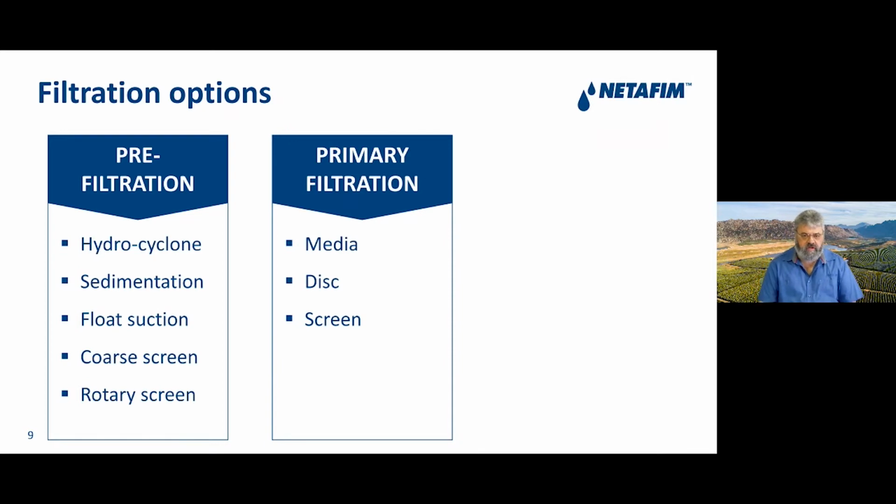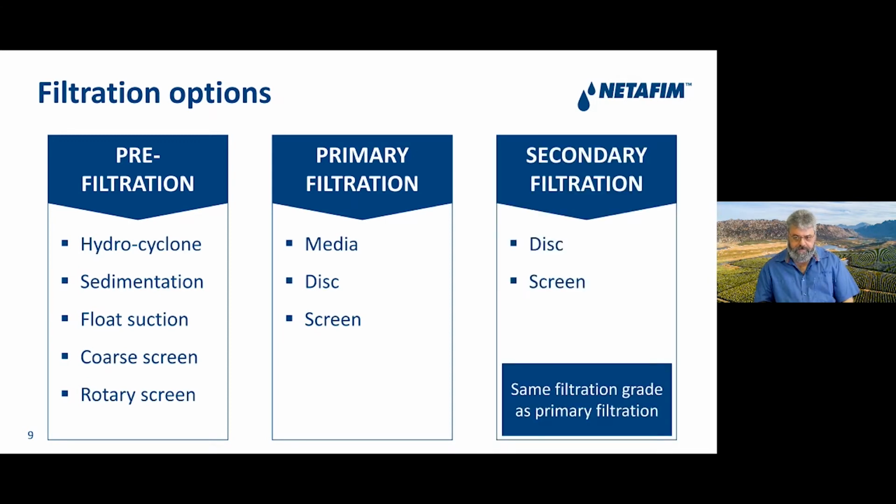Then in the primary filtration, that's the first filtration after the pre-filtration, we use basically three different types. Media, some people know that as a sand filter, but you can put different media within this filter, like glass or catalytic sand, disc filtration or screen filter.